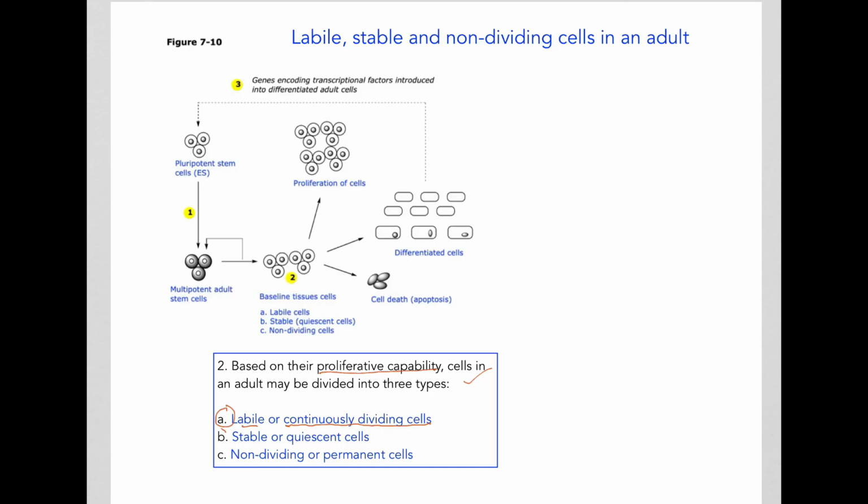Then we have the second category, which is stable or quiescent cells, which are cells that normally do not divide, but when stimulated, they can be made to divide. And then on the other extreme, we have cells that do not divide at all, and we call them non-dividing or permanent cells. So let's look at each one of these.